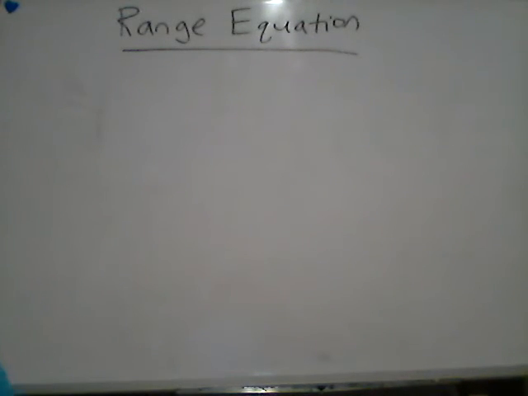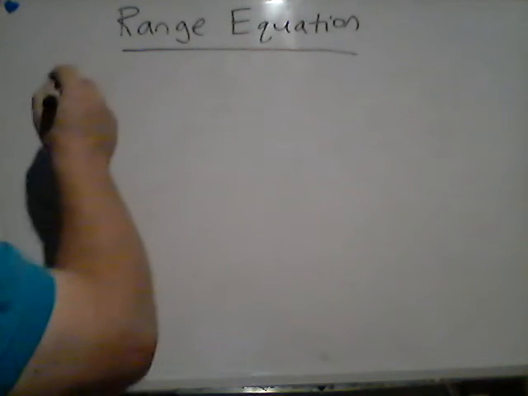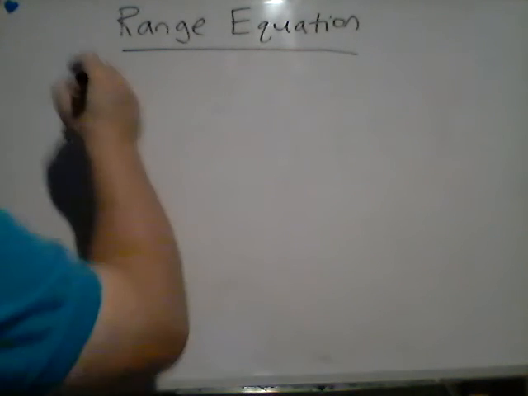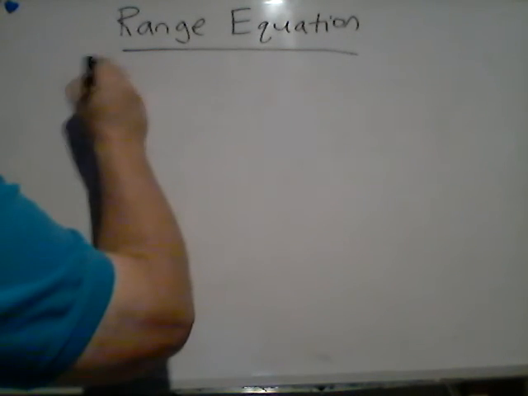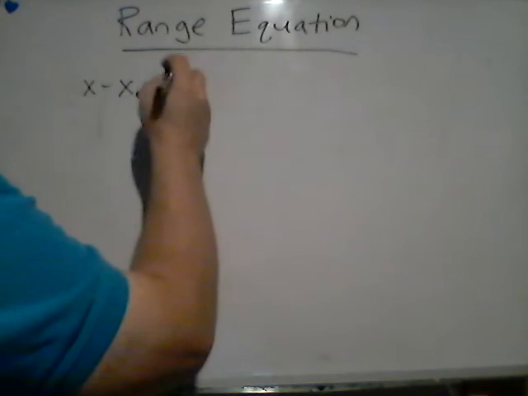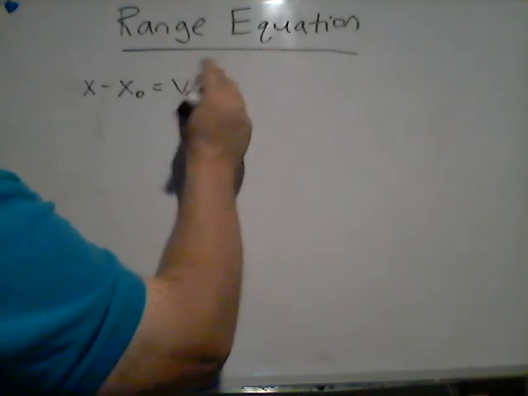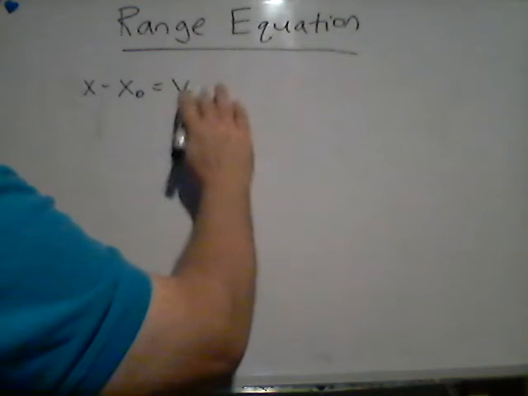And so how does this range equation work? We know that the only equation that operates in the x direction is x minus x naught equals v naught sub x times t.